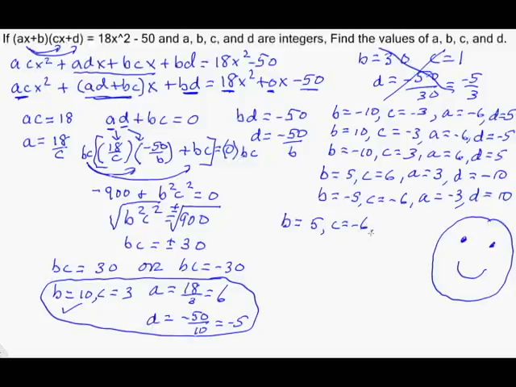So we would have A then equal to negative 3, and D then would be negative 10. And the only other one I can think of that we're missing is B is equal to negative 5, and C is equal to 6. And that would mean that A is equal to 3, and D is equal to 10. So there you have it, 8 solutions altogether.